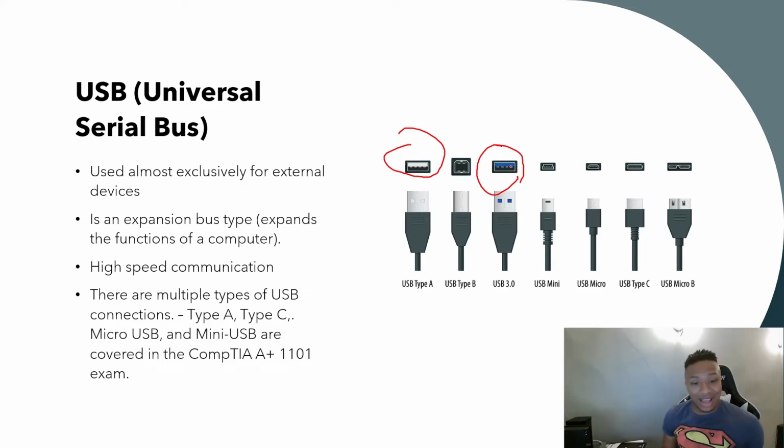And on the other side, we have USB B. I told you guys I would show you USB B. You might see this a lot in your IT career, especially during help desk times, technical support, depending on your job. Like if you're setting up a lot of peripheral devices like printers, these are very popular with printers. If you're setting these up, you will definitely see a lot of these connections right here.